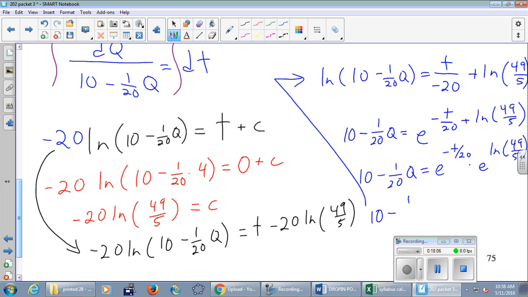So one last time copying the left-hand side. And then 49/5 E to the -t/20.